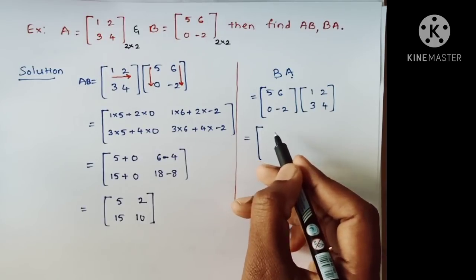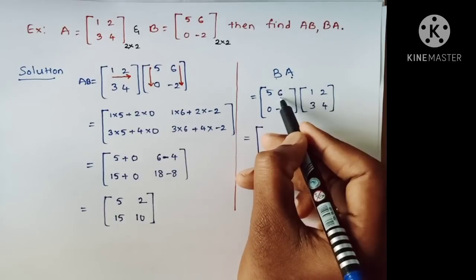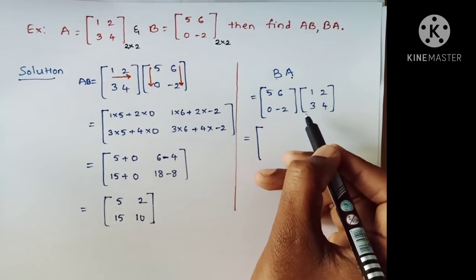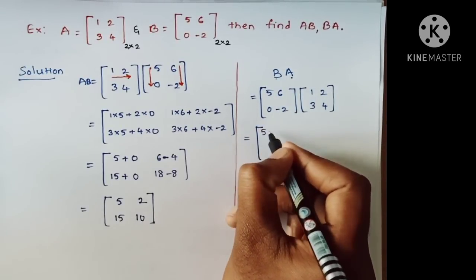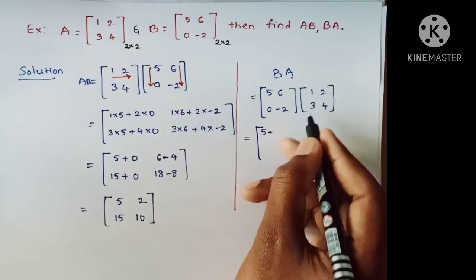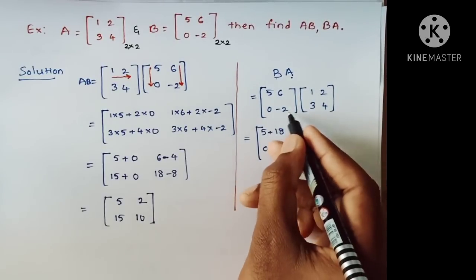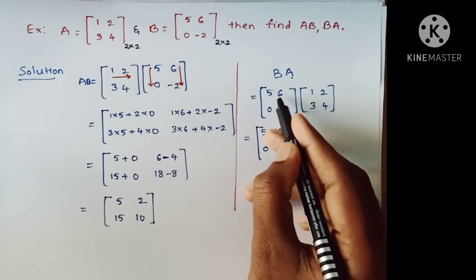To get the first element of the resultant matrix, multiply the first row elements of the first matrix with the first column of the second matrix. That is 5 into 1, 5, plus 6 into 3, 18; 0 into 1, 0, minus 2 into 3, minus 6.